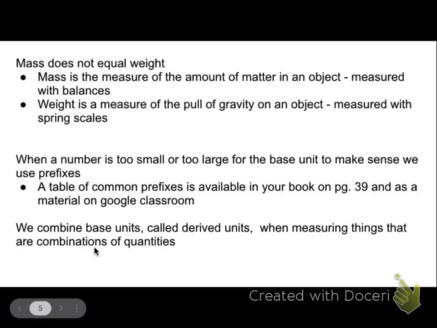In addition to using metric prefixes to change base units, sometimes we also combine base units to get what we call derived units, when we measure values that are a combination of quantities. On the chart that follows, we're going to talk about some common derived units.